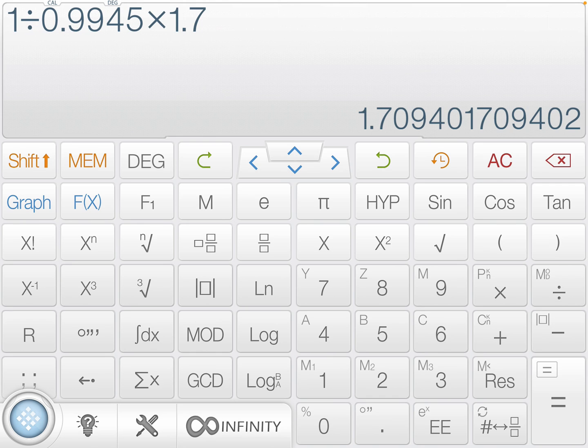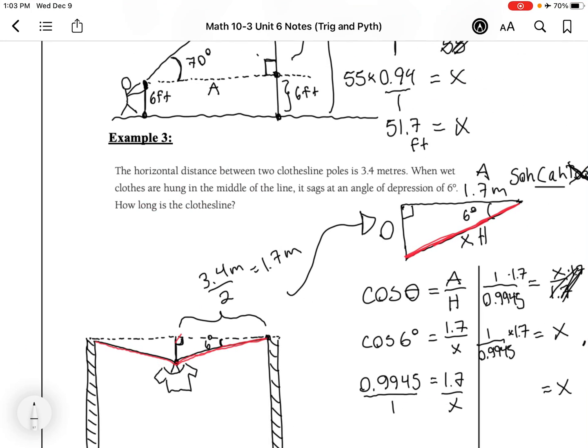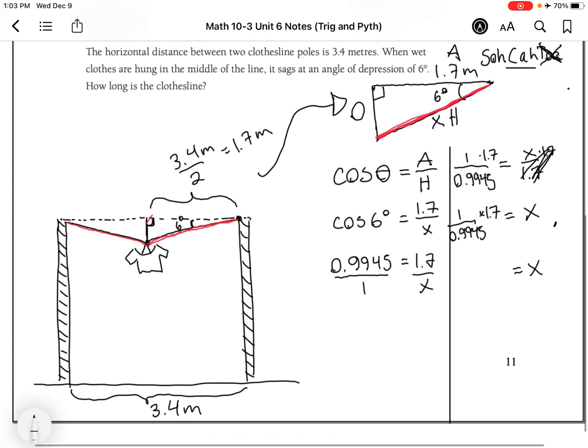So to the nearest hundredth, this is 1.71. Okay, so x equals 1.71 meters. So that's the value of x.